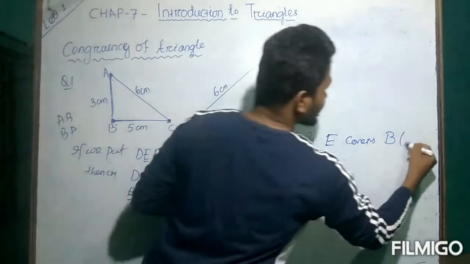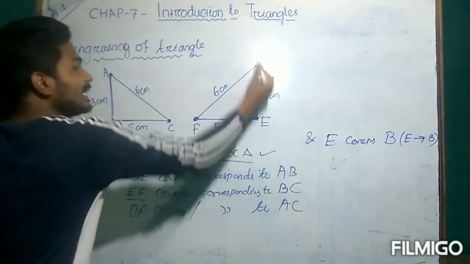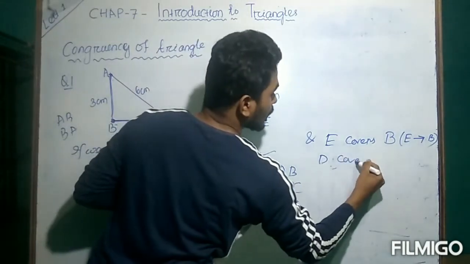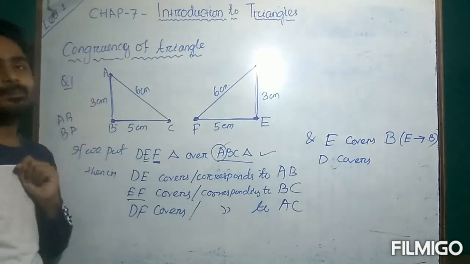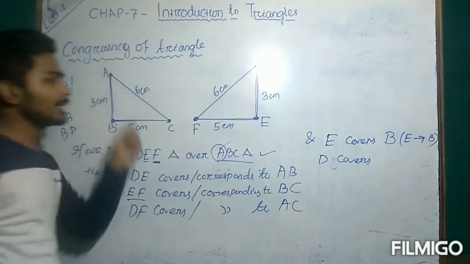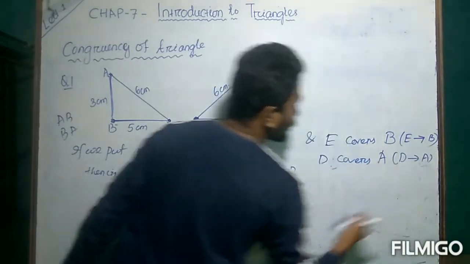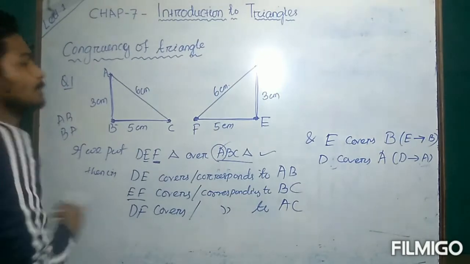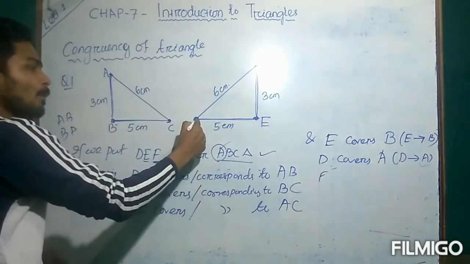You can write like this: E covers B, and D covers which side or which vertex? A, because D is a point where 6 and 3 meet, A is a point where 6 and 3 meet. So D covers A. Okay, and F covers which point?